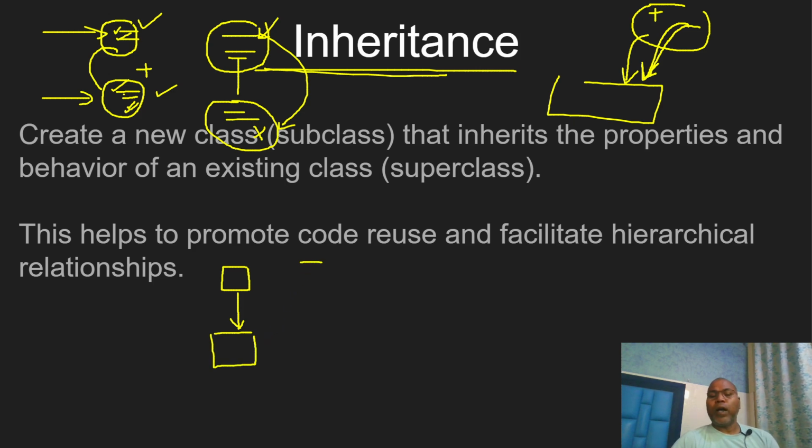Another way is multi-level: inherited from the top level and again inherited in the next level. Multi-level inheritance is supported in multiple programming languages. So this field can be inherited here, here and here. This is single-level inheritance, and this is multi-level inheritance.